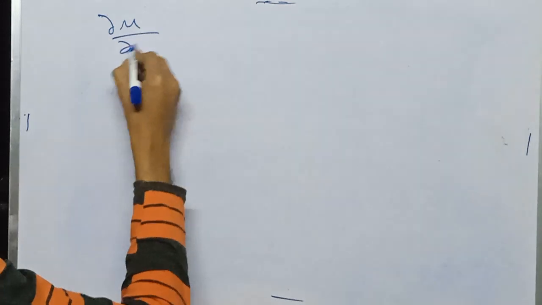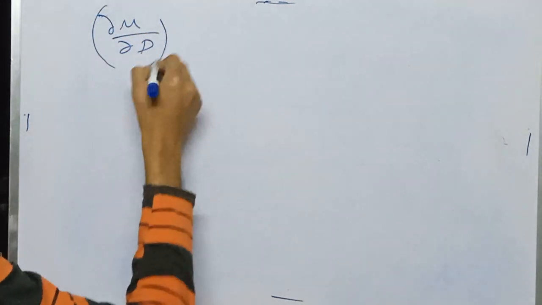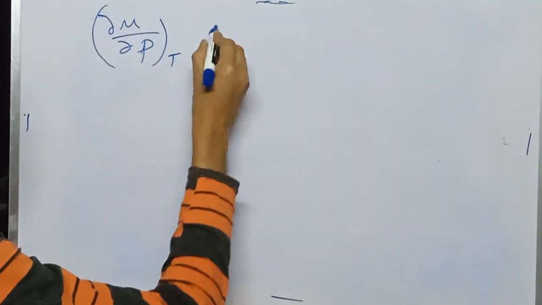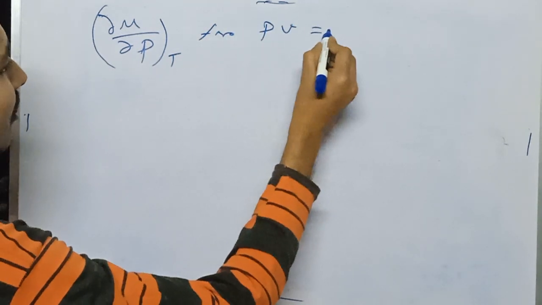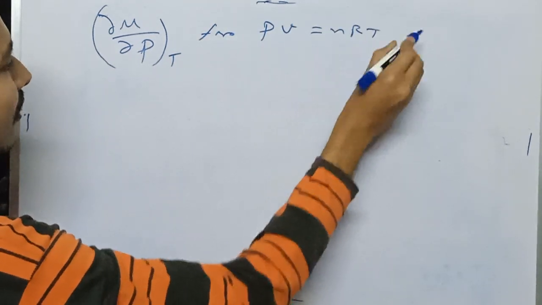And another type of problem is: what is the value of ∂U/∂P at constant T for any gas equation like PV equal to nRT?